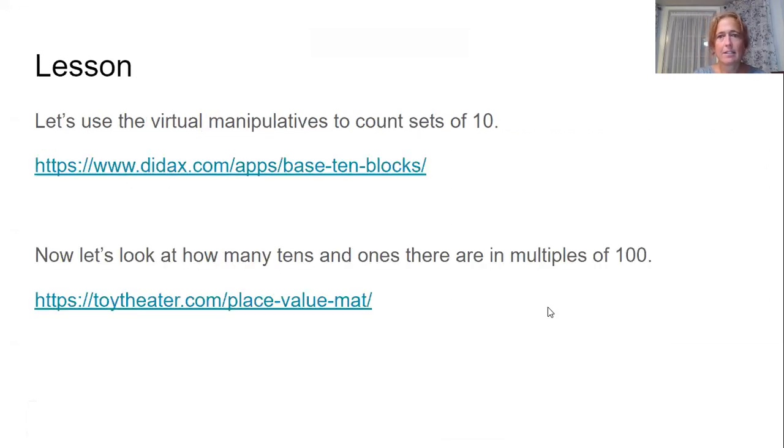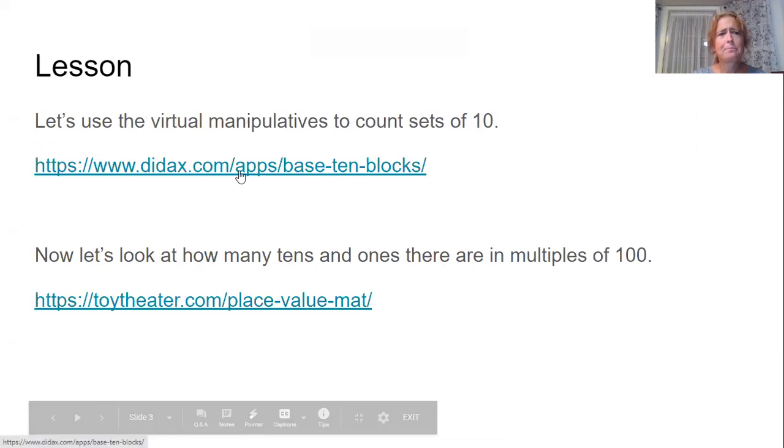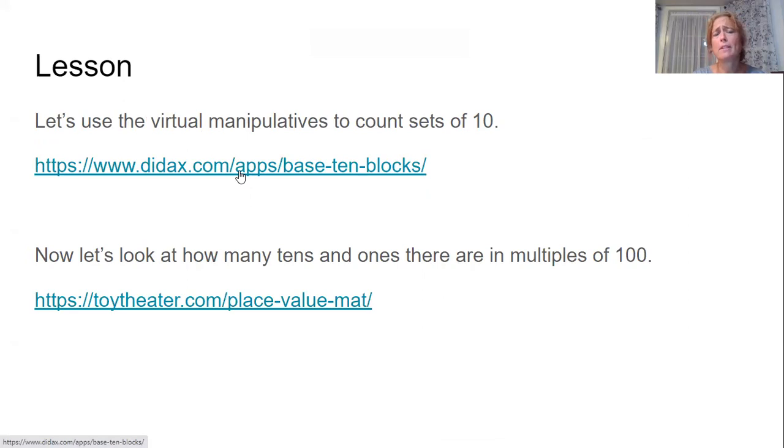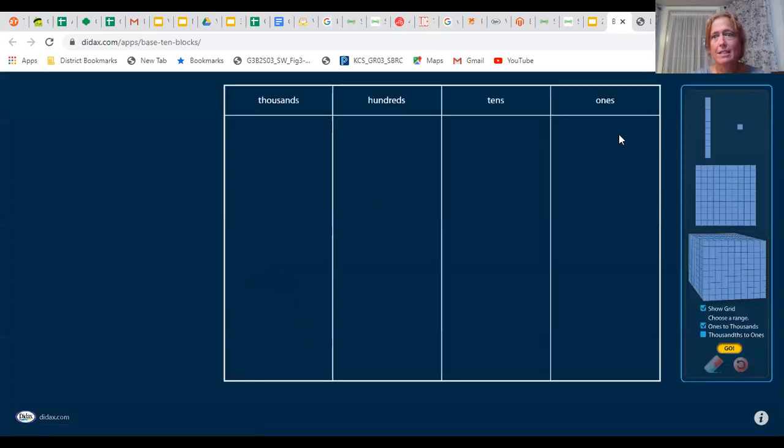All right. Now, let's use the virtual manipulatives to count sets of 10. We have already worked with tens and ones, okay? And we know that 10 ones, which are the little units, makes a rod or a set of 10.